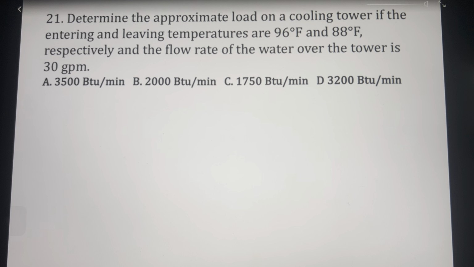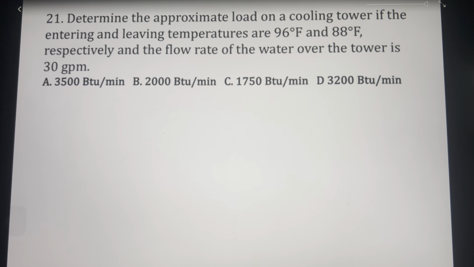But m is the mass, and as we can see, what we do have here is the volume flow rate. But we know mass and volume are related through density, which is mass over volume, meaning mass is density times volume. So we can solve our Q directly.